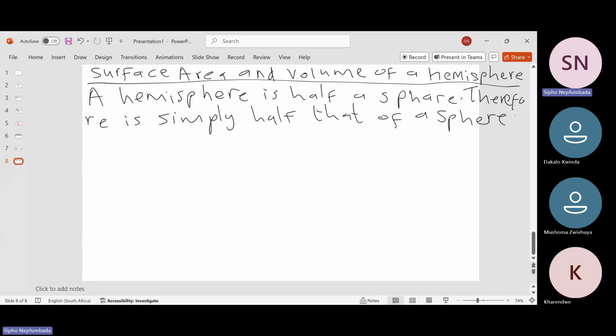However, if the hemisphere is closed, you have to take into account the area of the base of the hemisphere when calculating the surface area of a hemisphere.